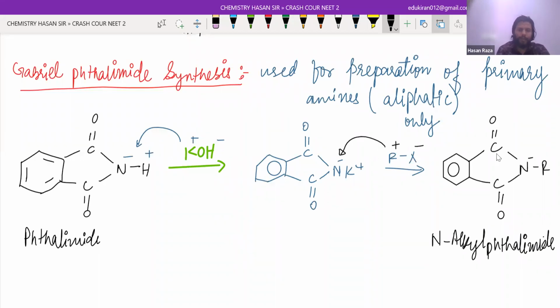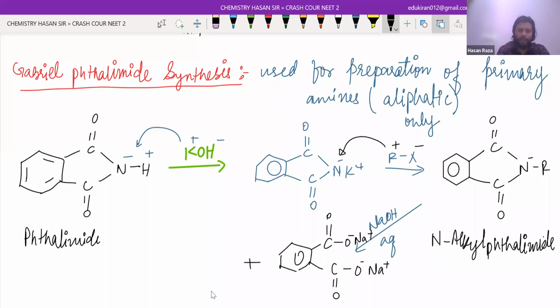halimide. Now, after getting this N-alkyl halimide, you are going to pass this through aqueous NaOH, and then you will be getting, you can see, this will be converted into this O negative, Na positive, O negative, Na positive, and this part RN will be converted into NH2, which is 1 degree amine and which is also aliphatic.